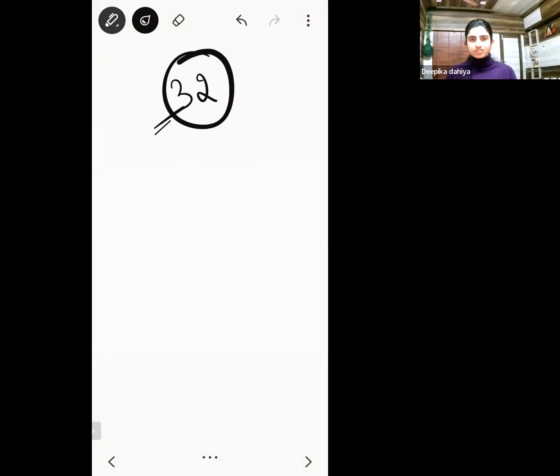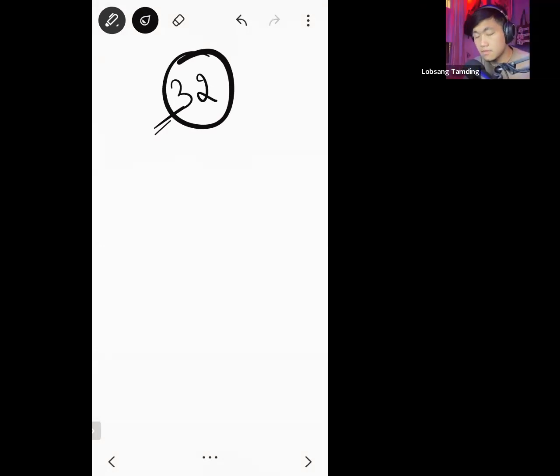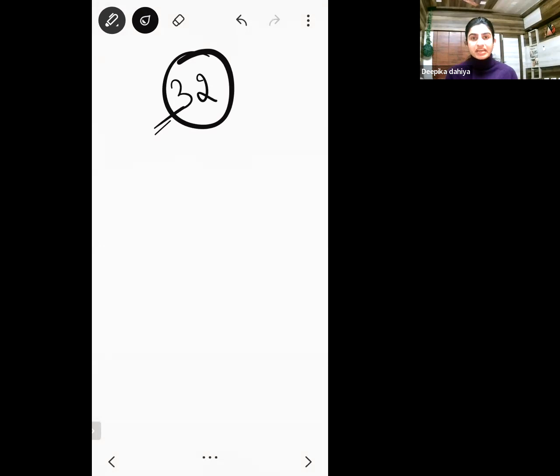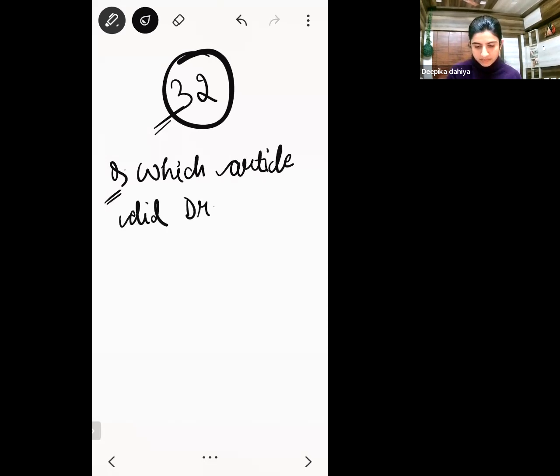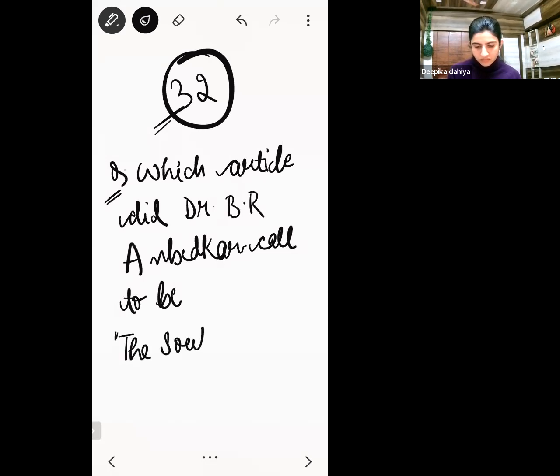Write down one more question here. Which article did Dr. B.R. Ambedkar call to be the soul of the Indian Constitution?